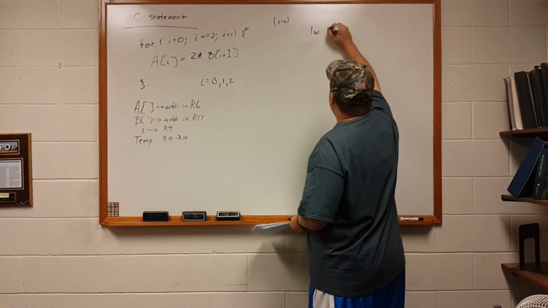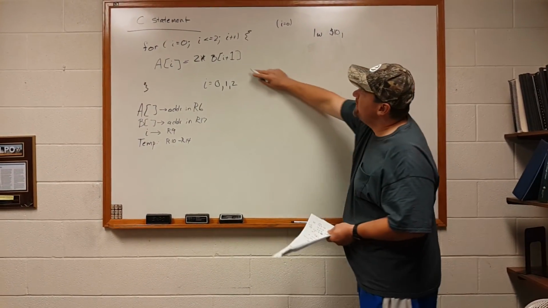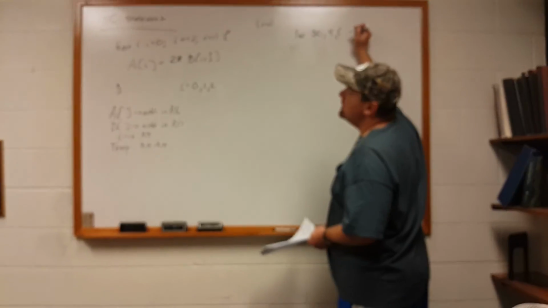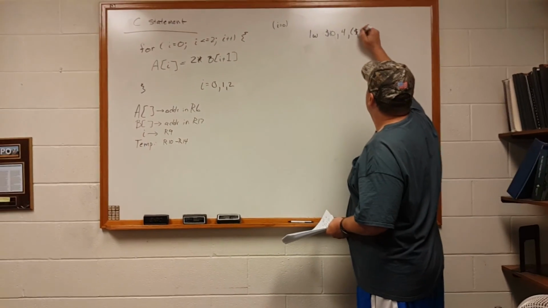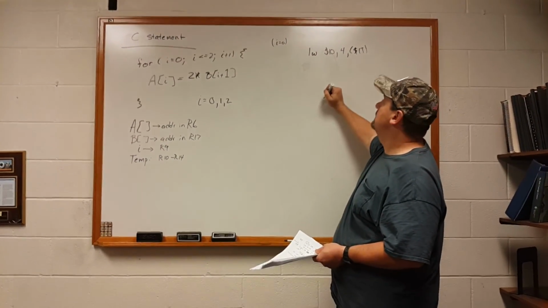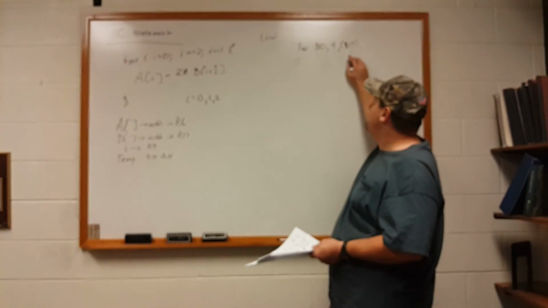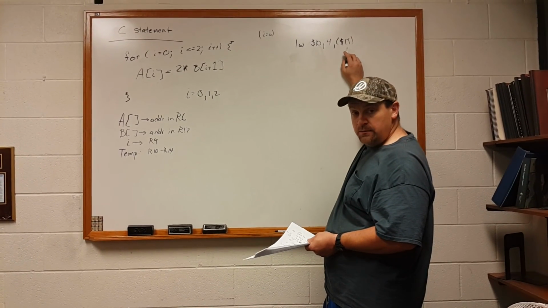So we need to load into a trash register, let's use 10. And we need B of 1, that's 4 bytes beyond the base of B, which is in register 17. So, B of 0 is at the address in 17.